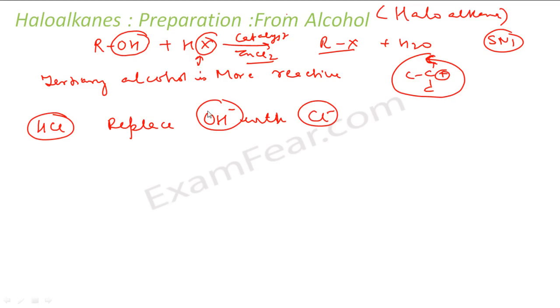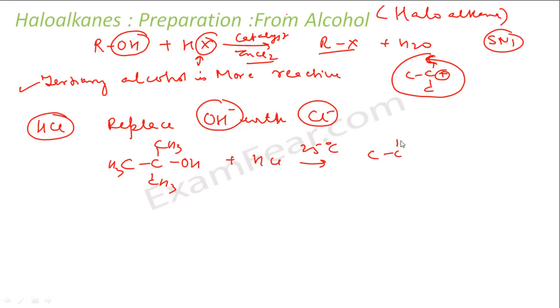Since tertiary alcohol is very reactive, tertiary alcohol will react very well, but not the primary alcohol. You'll see that the temperature required is also more for primary alcohol. But if you take a tertiary alcohol here, you can add extra H here. This is my tertiary alcohol. I react with HCl even at 25 degrees Celsius, and I get this compound.